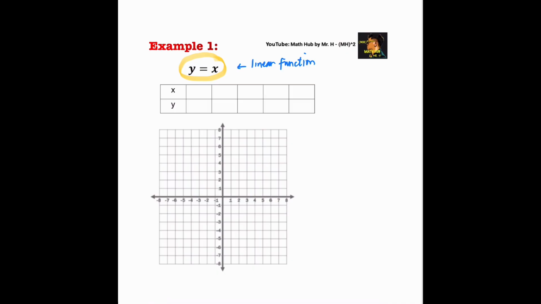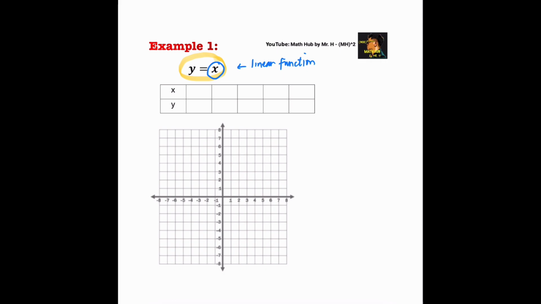For linear functions, we don't have any restrictions for the domain, or the set of x values, because any x value will be acceptable. It could be negative real numbers, 0, or positive real numbers. That will be fine because the result will always be a real number.